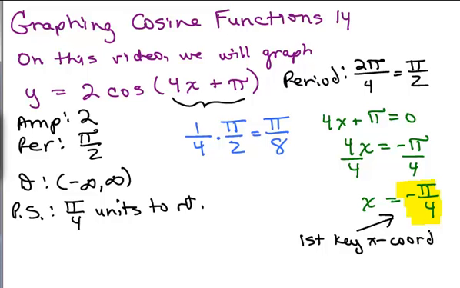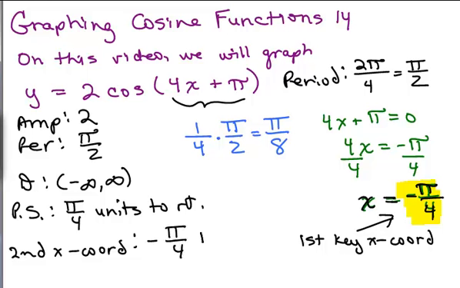Okay, so if that's our first one, let's make sure that's clear. That's our first one. What's our second one? How would we get our second x-coordinate? We would start with our first one, which is negative pi over 4, and add on 1/4 of the period, which is pi over 8.